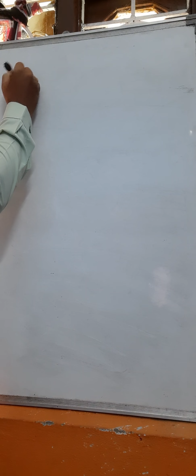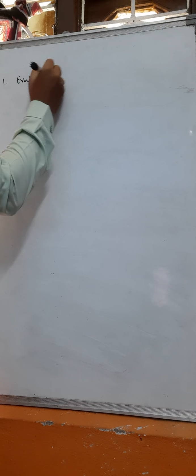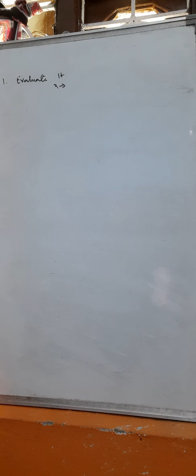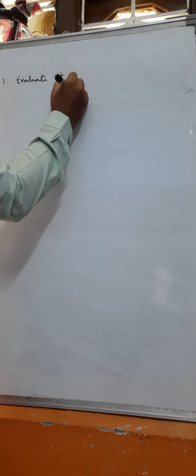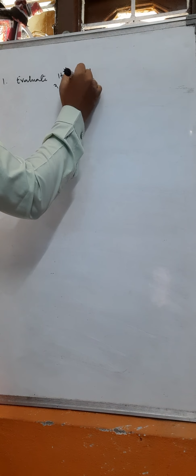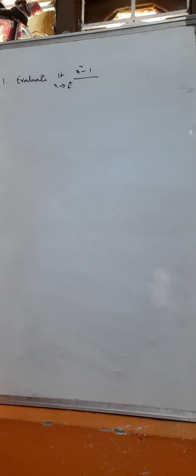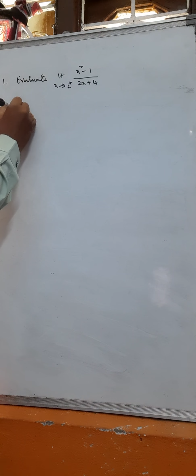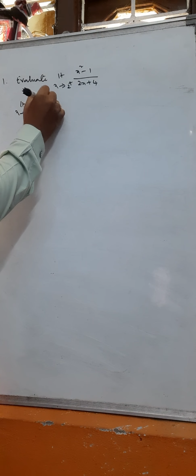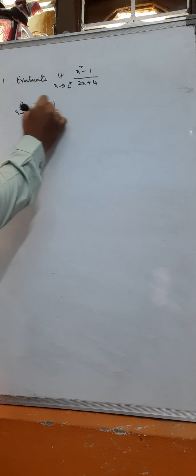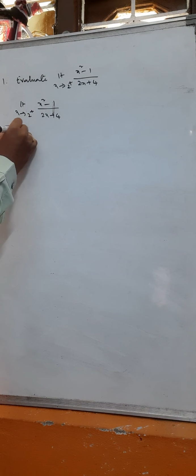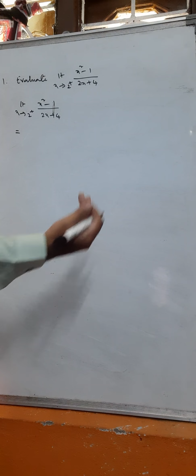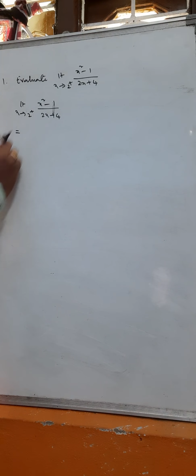Let me see some more examples. The first one, evaluate limit x tends to 2 plus of x square minus 1 by 2x plus 4. 2 plus means more than 2, x approaches from the right side, so we can put the value directly.